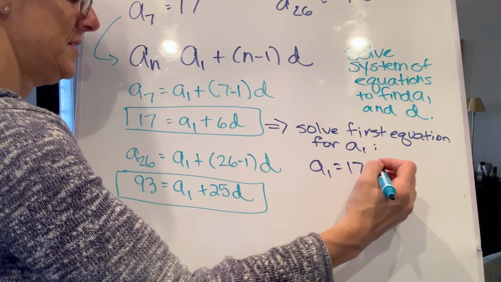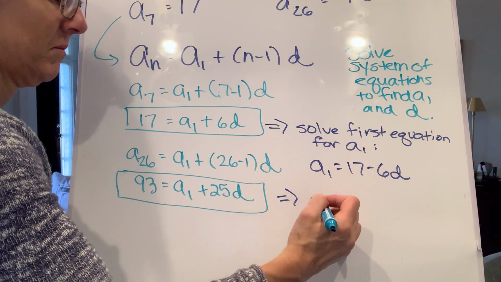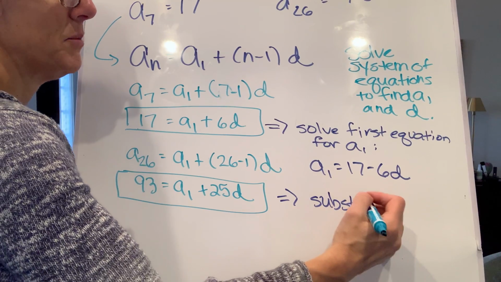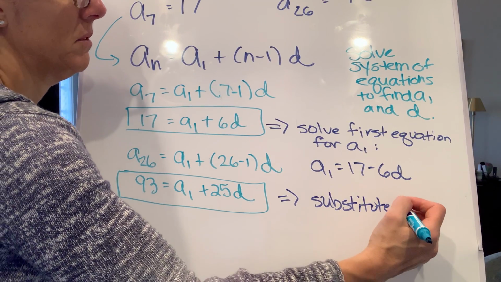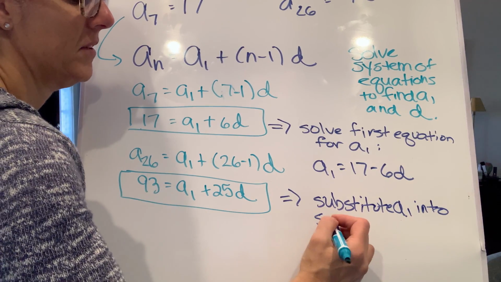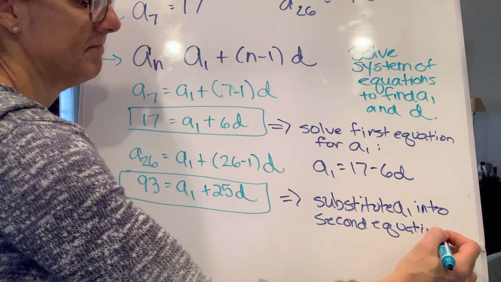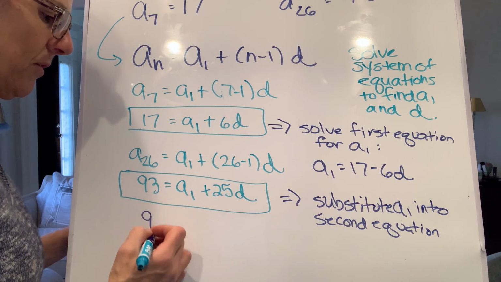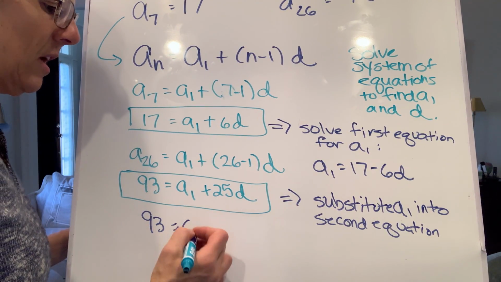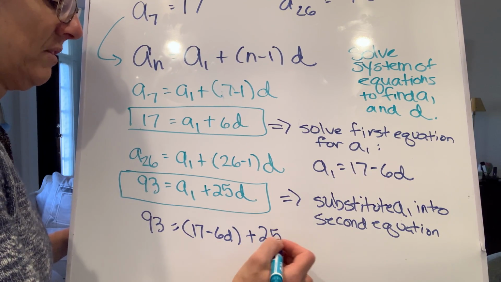A1 equals 17 minus 6D. And then I can substitute that into the second equation. So 93 equals A1, which now becomes 17 minus 6D plus 25D.